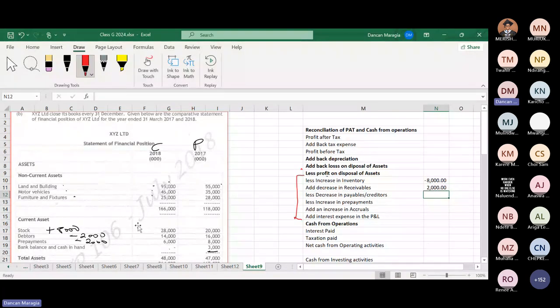We can finish with prepayment before we go. Prepayment also did what? They reduced by 2 million. Also reduced, so we add. Add decrease in prepayments.